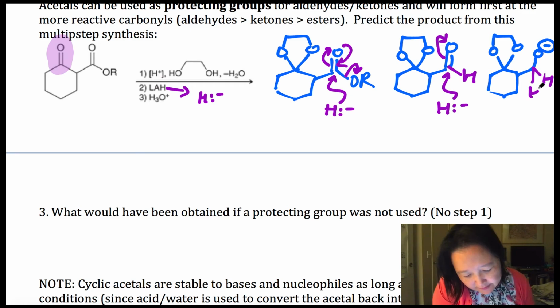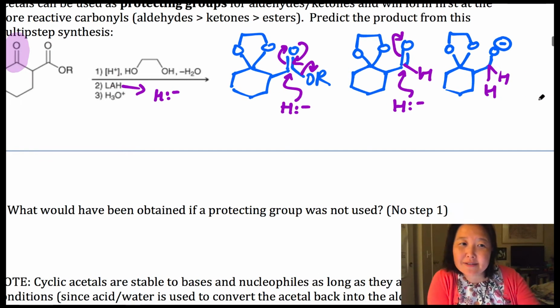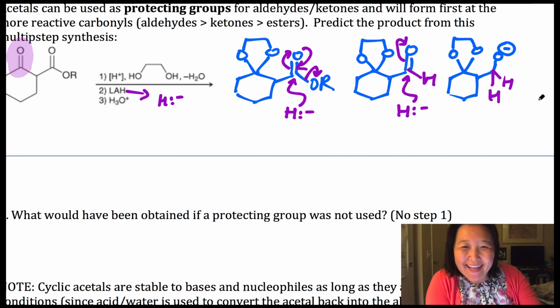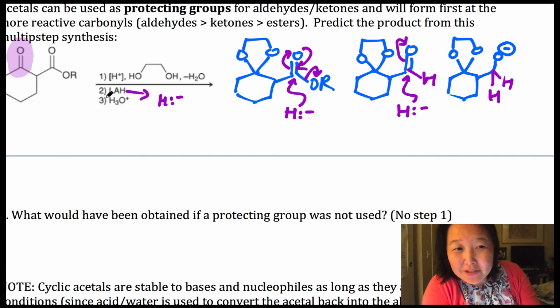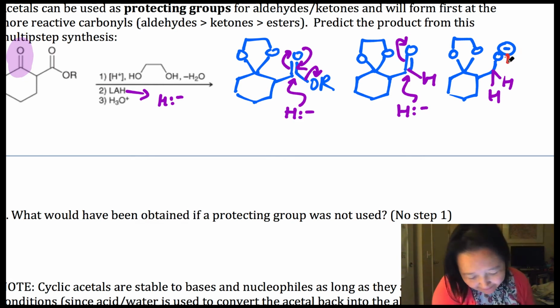Okay, so I think everyone's pretty comfortable with these reactions so far. I hope you are. Next, then, we have H3O+. Now, we know H3O+ will protonate here. Okay, so that will become OH neutral. But then we also know how H+ can affect this acetal, right?